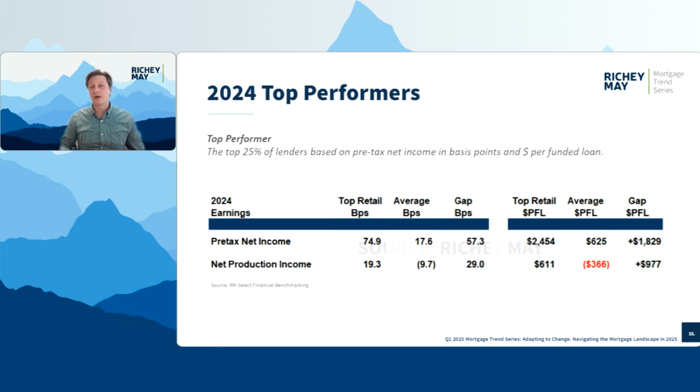Pre-tax net income, we'll talk about that throughout, and that's obviously an important measure. Pre-tax is going to include all of your activity. It would include servicing and origination, and any other business activity you might have that's not specific to origination or servicing. Then the other measure I want to highlight is net production income. That's different in the sense that we're trying to isolate your origination platform profitability.